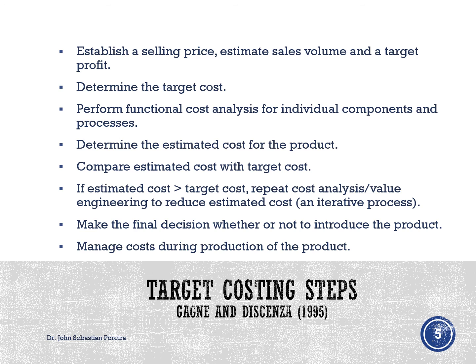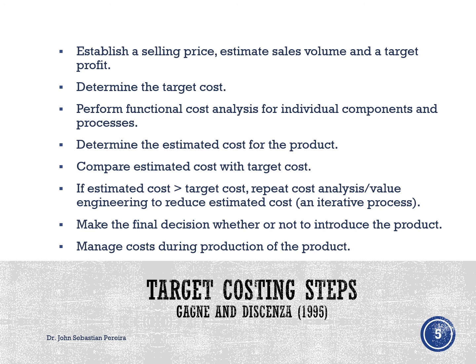If the estimated cost is more than the target cost, the company has to repeat step number 3, where it tries to reduce the estimated cost. Remember, this is an iterative process. Only once the estimated cost is less than the target cost, the company will make a decision of introducing the product.